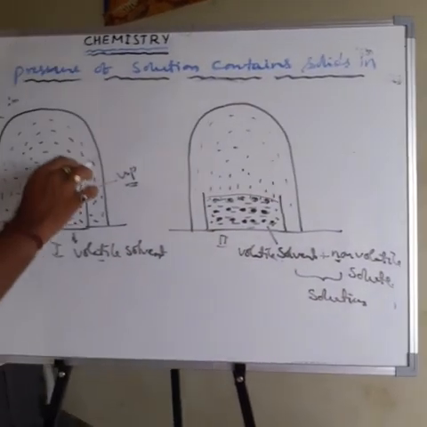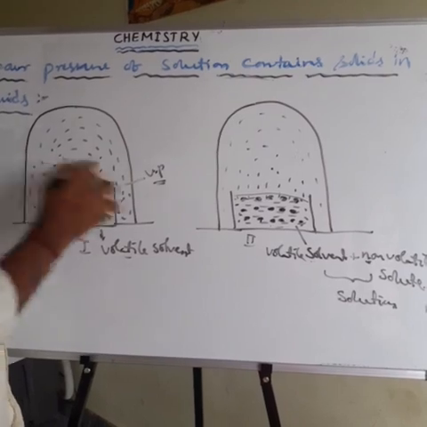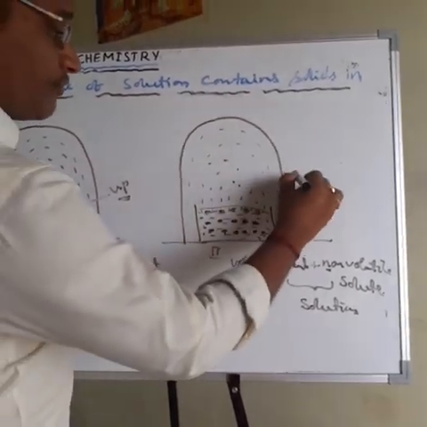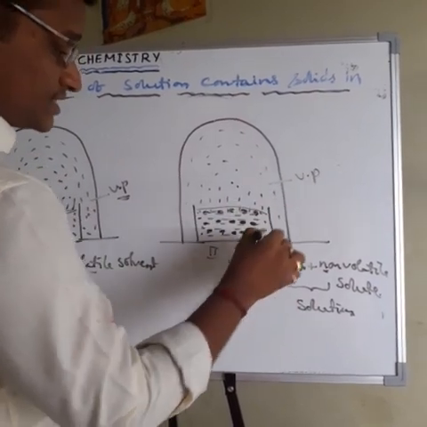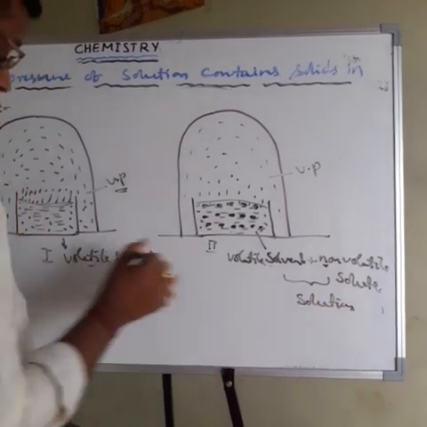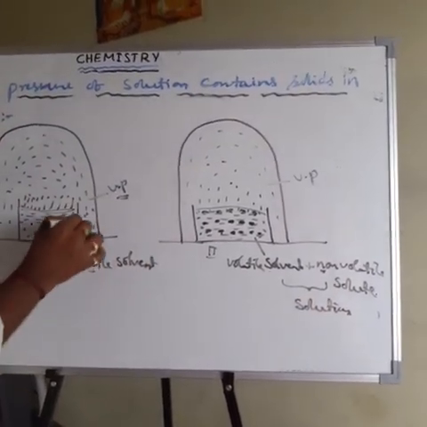So you see here, more vapor particles are there in the pure solvent, and here fewer vapor particles are there. That's why the vapor pressure of the solution containing non-volatile solute is decreased, while the vapor pressure of the pure solvent is higher.